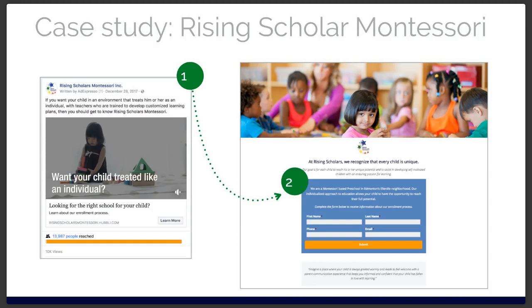You need to create a specific web page for every campaign that you run, because if you want to be able to track the performance of the campaign, you want to make sure that there's only one goal on that page. There's only one thing for that person that clicked on the ad. When they come to the page, there should be only one action they can take that will allow you to really track the performance of that campaign. The action here is to fill out the form to request a tour.